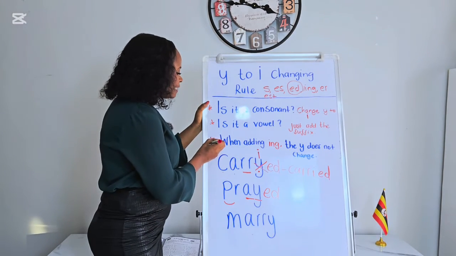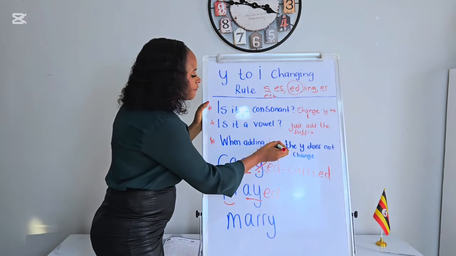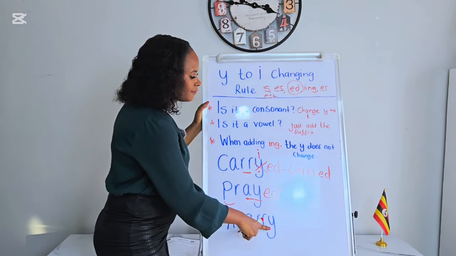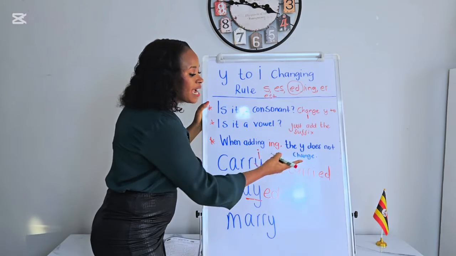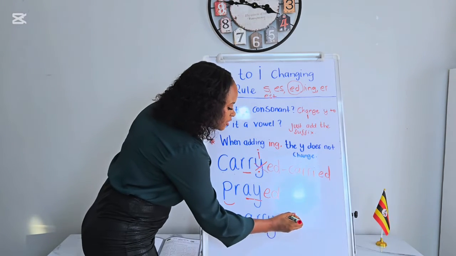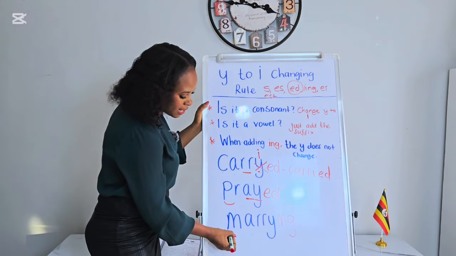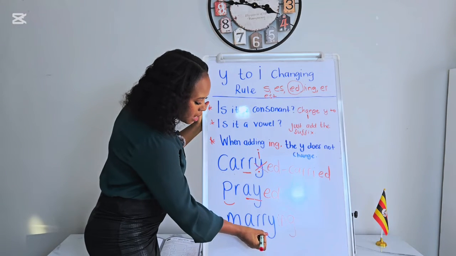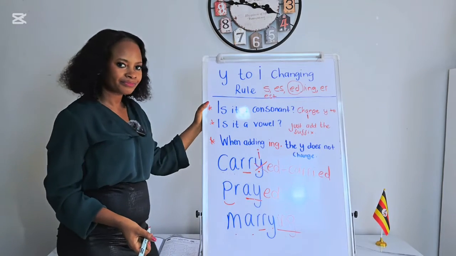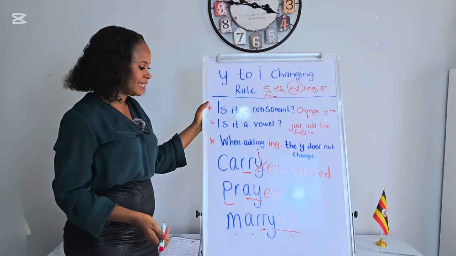The rule also says that when adding suffix ING to any of the words ending in Y, the Y does not change. You just add ING. Let's read this word. Marrying. You get the point?